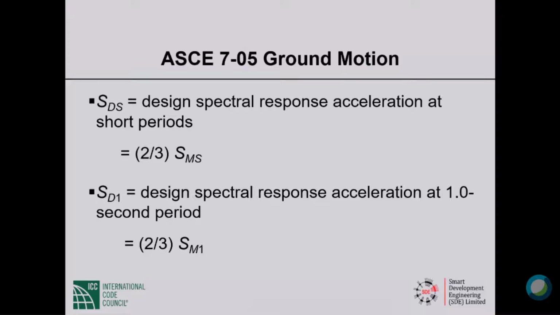So the idea is, if we consistently design for 2/3 of the maximum considered earthquake, the built-in factor of safety or margin of safety of 1.5 would ensure that we will at least barely avoid collapse in the maximum considered earthquake. That's where the 2/3 comes from.